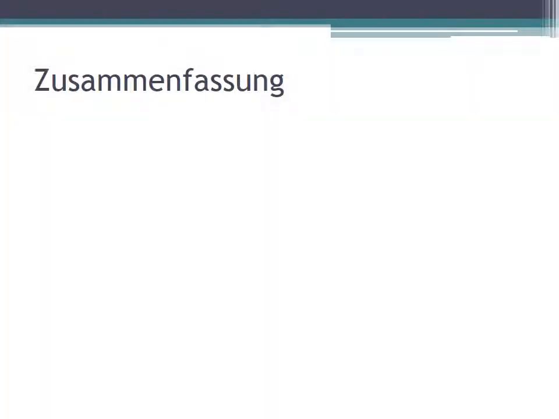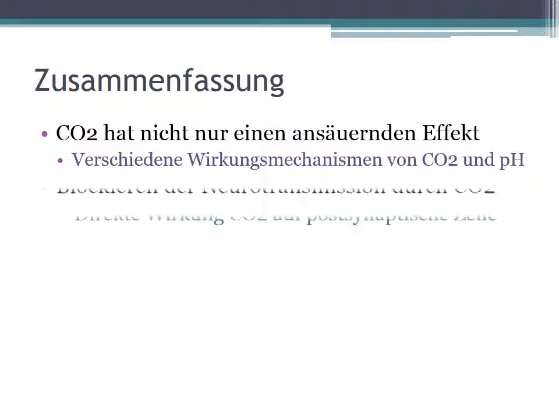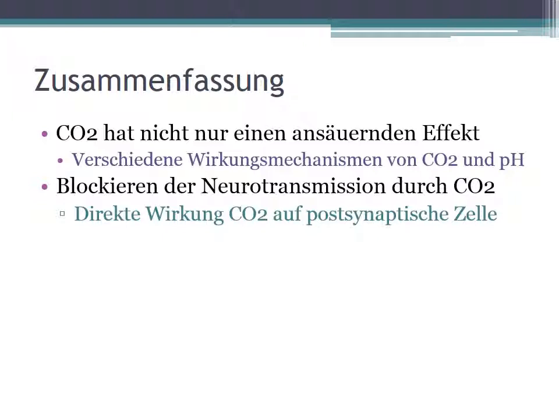To sum up my presentation: first of all, CO2 does not only have an acidifying effect, but there must be different mechanisms of action for CO2 and pH, and neurotransmission is blocked by CO2, so CO2 must have some effect on the postsynaptic cell.